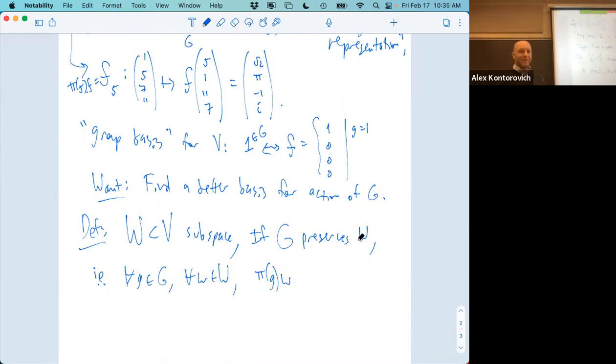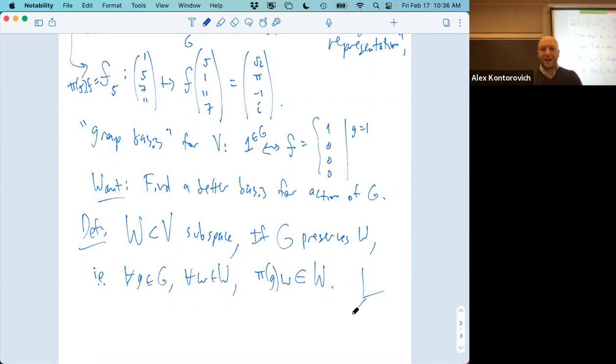G takes elements of this vector space, but W is a subspace of that, and spits out other elements. So this is just going to be some other element of V. I want it to lie in W.